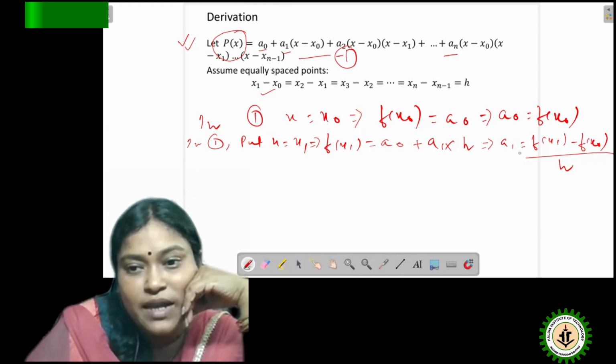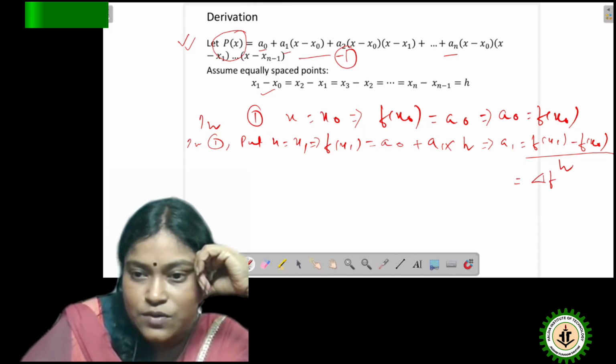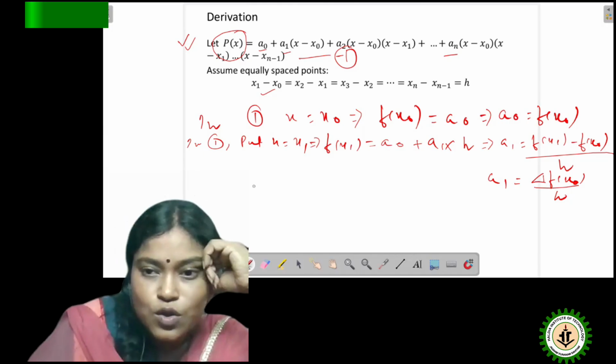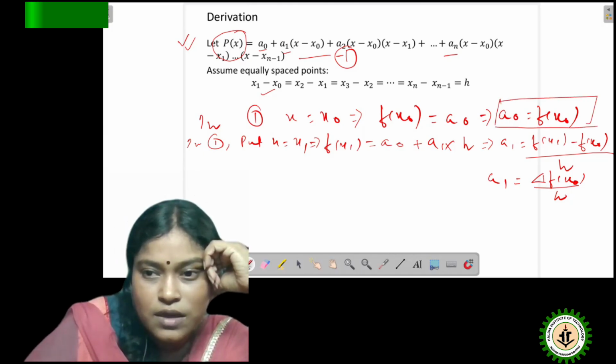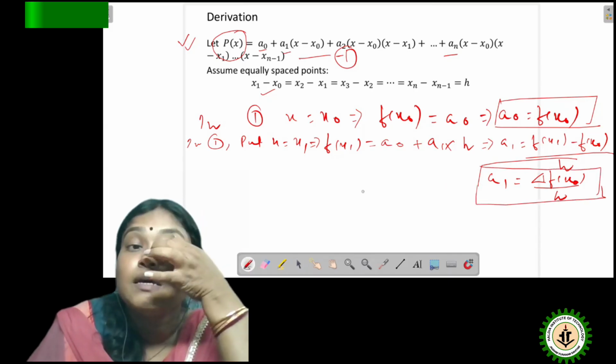Now f of x1 minus f of x naught, using delta, I can write as delta f of x naught by h. That is nothing but a1. So a naught we have got as f of x naught. Next, a1 I have got as delta f of x naught by h.